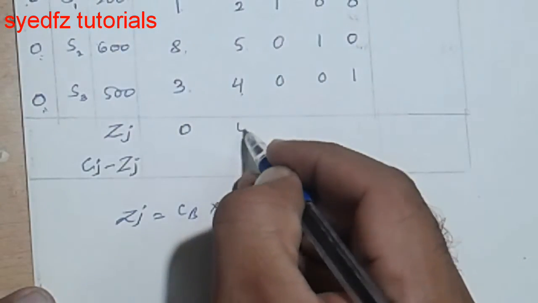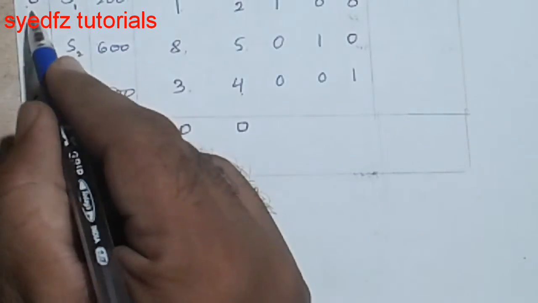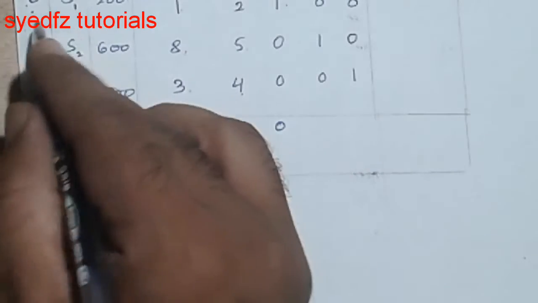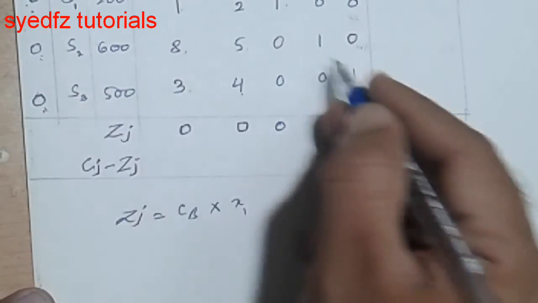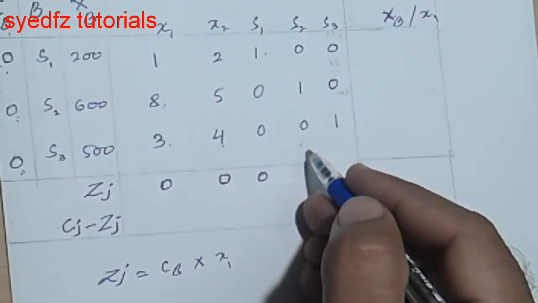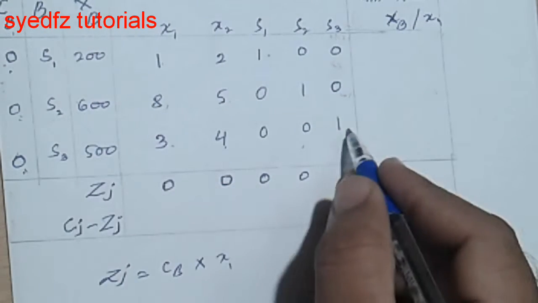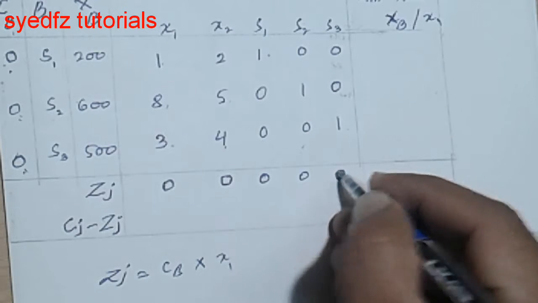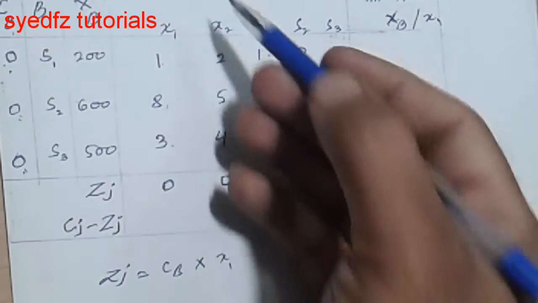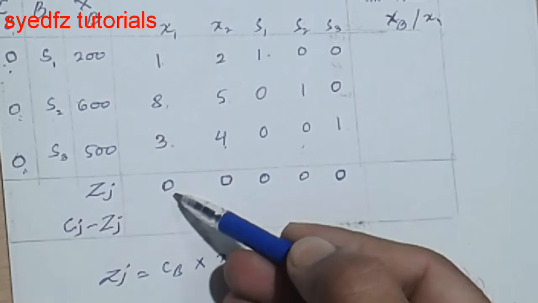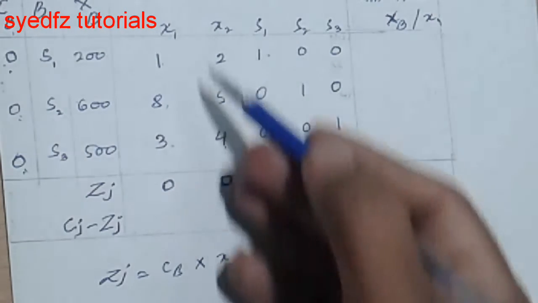So we will get all 0. If you multiply zero with any number, we will get zeros only. So Zj is 0. Cj minus Zj, Cj how much?